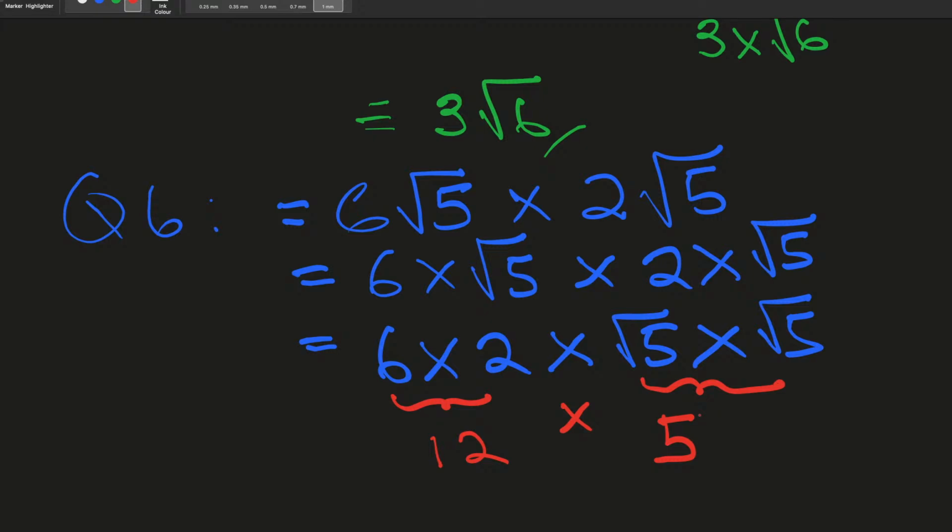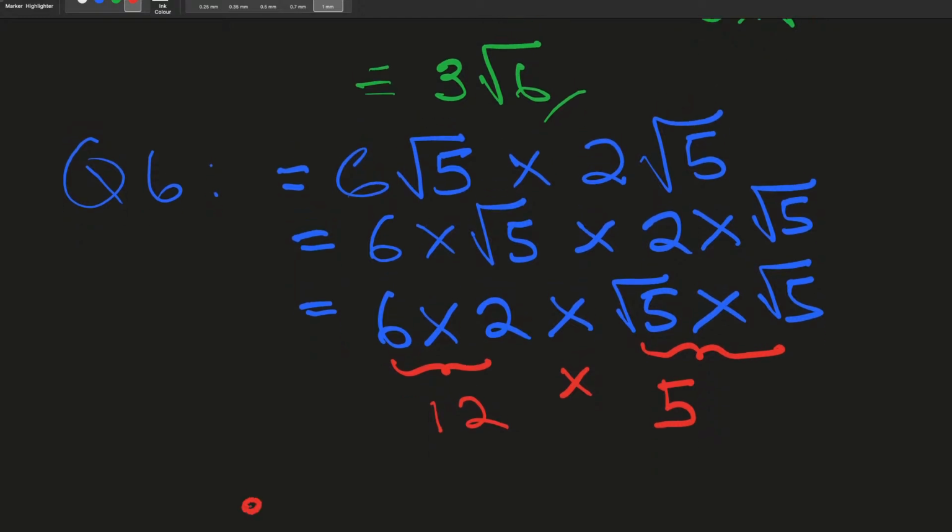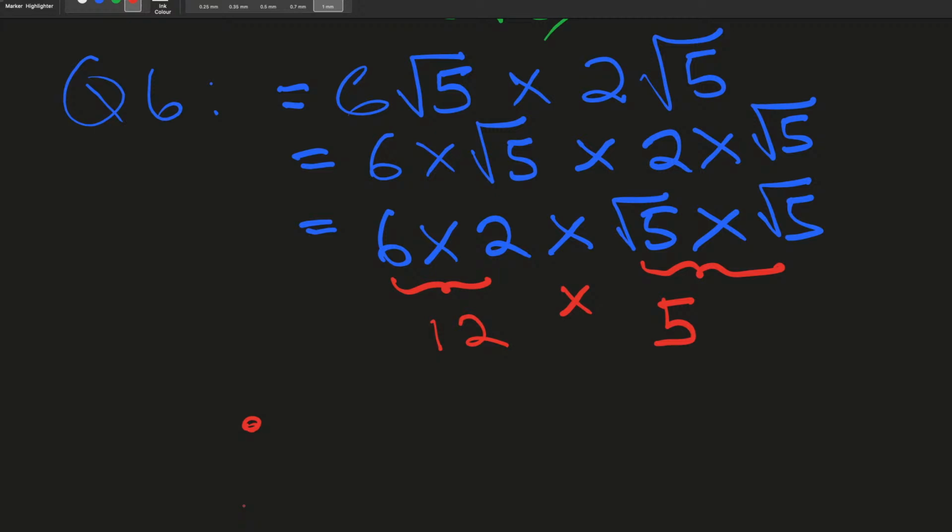Well, if we can grasp that easily, then the square root of 25 times the square root of 25 will be the square root of 5 times the square root of 5, which is the square root of 25, and the square root of 25 is 5.